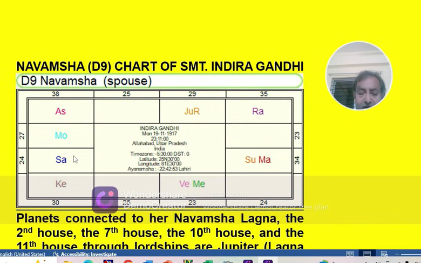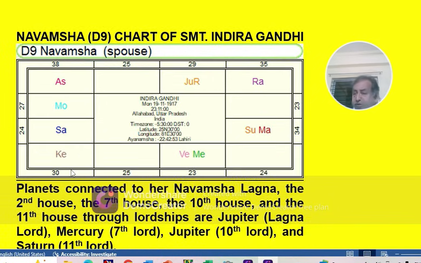Now proceed to the Navamsha chart of Srimati Indira Gandhi. Ascendant is Pisces. So when the ascendant is Pisces, who is the Lord? Jupiter. Jot down the name Jupiter.